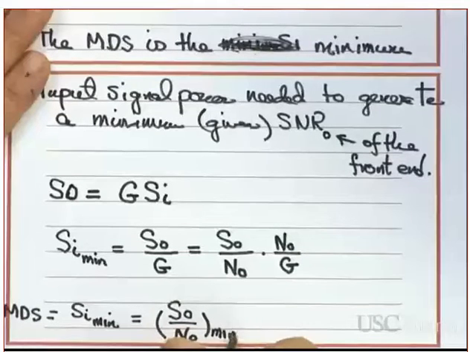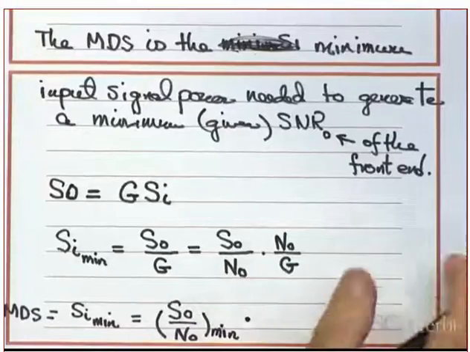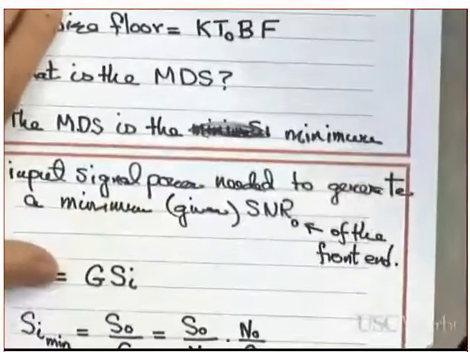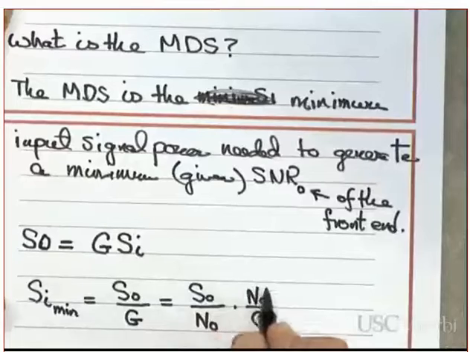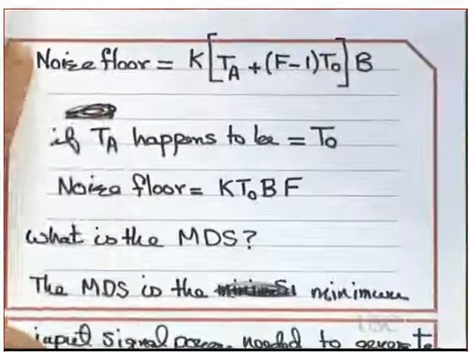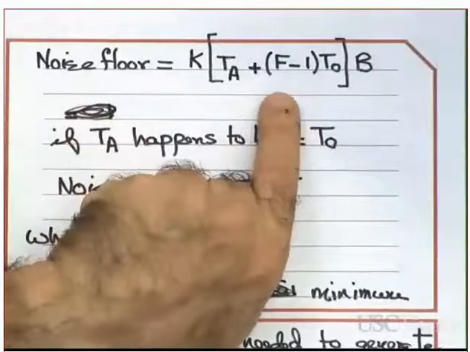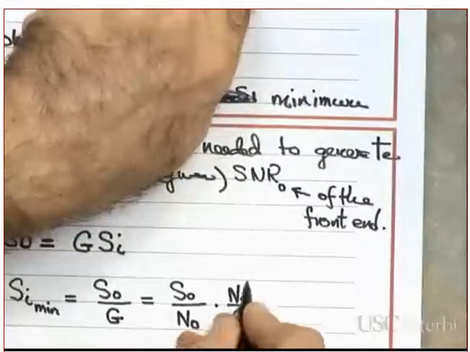times N0. What is N0? N0 is G times Ni. And the Ni is this guy. So it's G Ni.